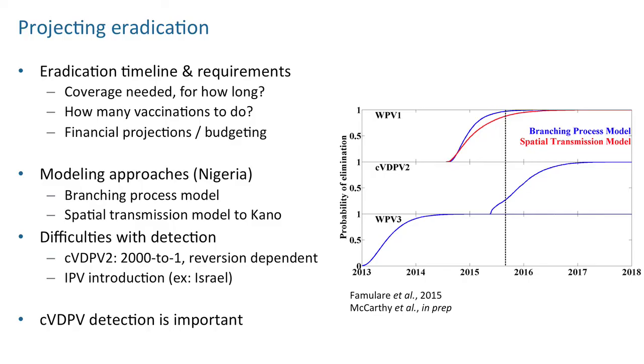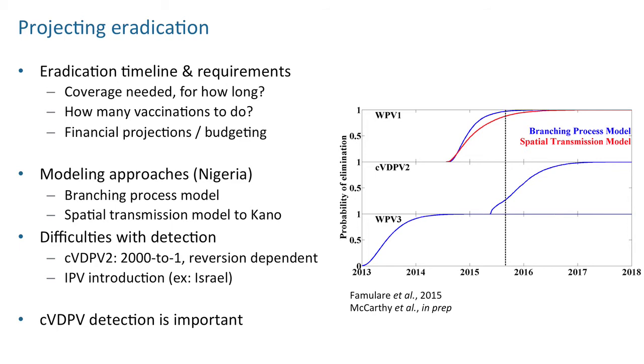Now, I want to transition closer to the end game and talk about how do we know that we're done, right? And what is the utility of knowing when we're going to be done? So the graphs on the right show a calculated probability of elimination. That is not the probability of 0 cases, but the probability of 0 infection, as a function of time.